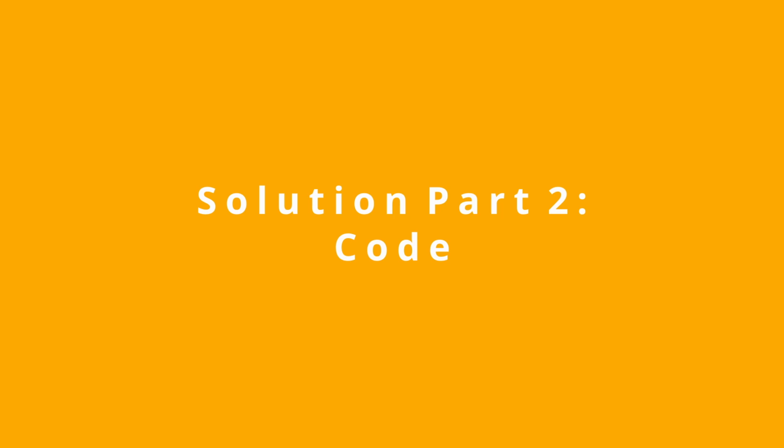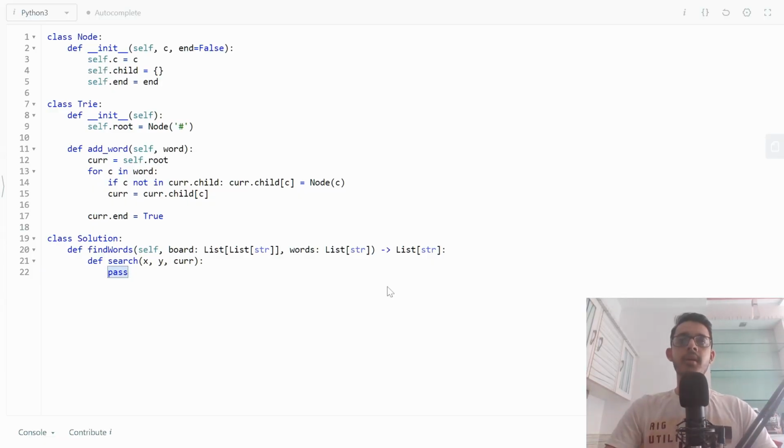And with that being said, we can jump onto coding up the search function with x, y, and current values. The first thing I like to do is check whether these x and y are present inside of the bounds. So we'll say x should be between 0 and m, where m is the number of rows, and y should be between 0 and n, the number of columns.